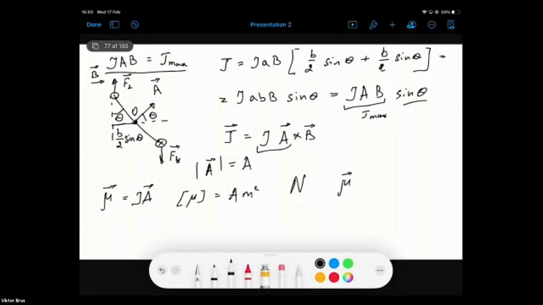So let's say it's mu of a coil with n loops. We just multiply the magnetic dipole moment of a single loop, I times vector A, by the number of loops. So this is the way we can determine the magnetic dipole moment of a coil.